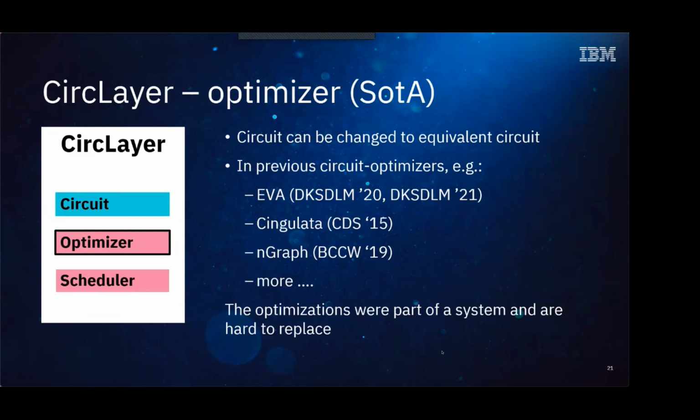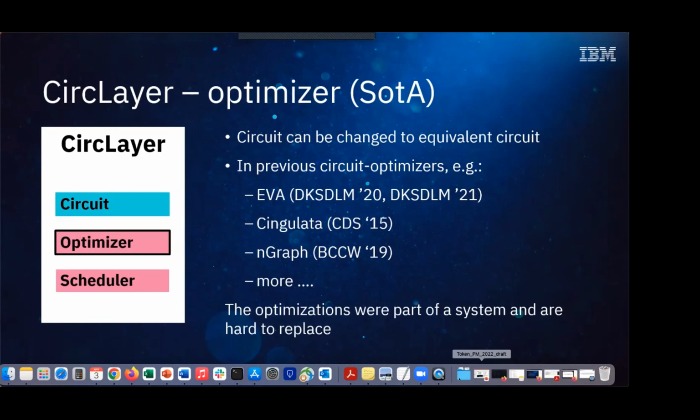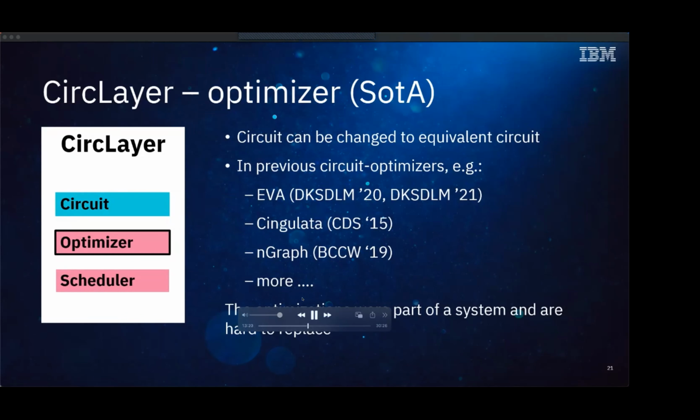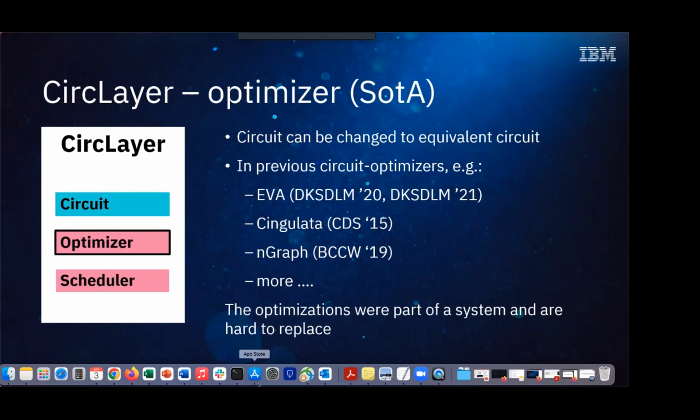So reviewing what is currently known in the field, there are quite a few circuit optimizers out there. For example, EVA, Chingulata, ngraph, and more. All these circuit optimizers are a part of a system, and you cannot change the optimizer, or write your own optimizer and easily run your version within the system that they come inside.